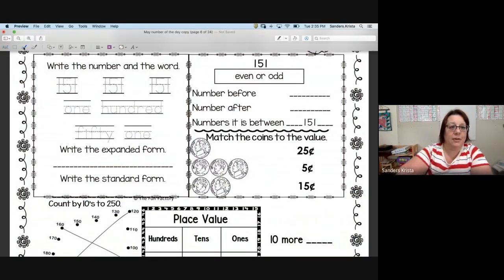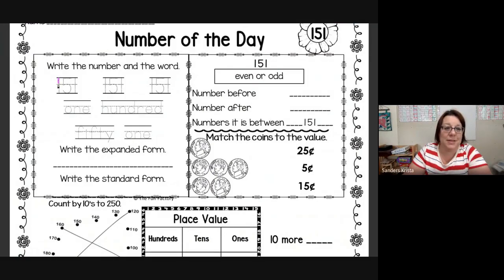And here we go. So we have 1 in the hundreds place, big line down. Okay, we have a 5 in the tens place, and we have 1 in the ones place.